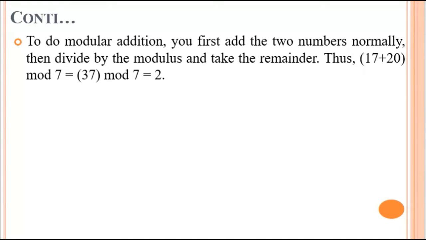Actually, modular arithmetic is not unfamiliar to us. We have used it before when we want to calculate, for example, when we would like to get up in the morning with a certain number of hours of sleep.